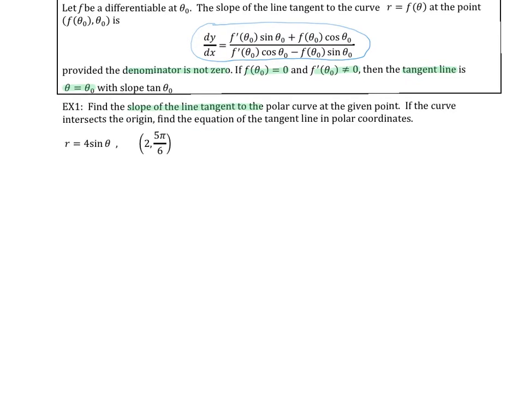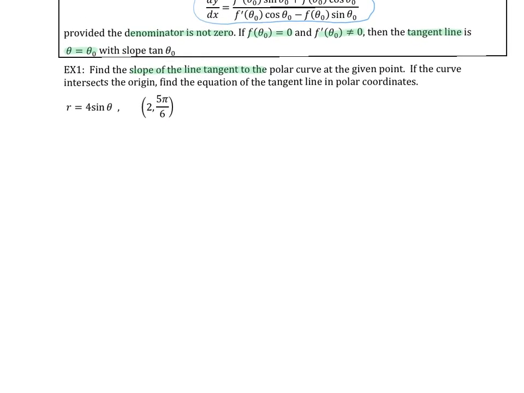To find the slope of the tangent line, I have to compute the derivative of my function r, which would give me dy over dx equal to, remember, the derivative of 4 sine theta, which would be 4 cosine of theta, times the 4 sine theta.